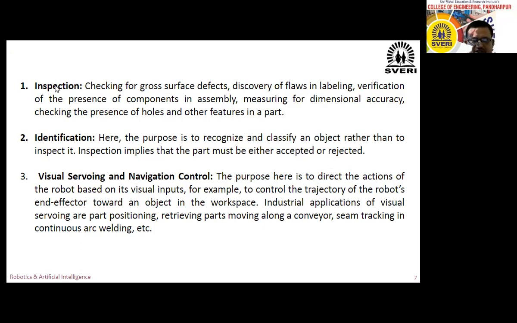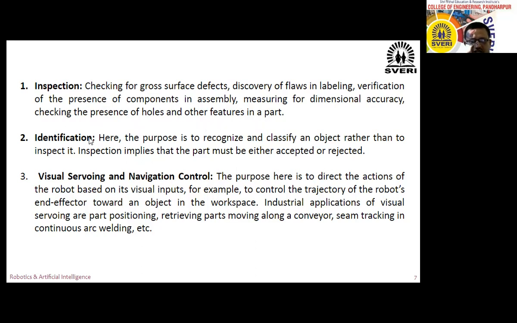First is inspection, that is, checking for gross surface defects, discovery of flaws in labeling, verification of the presence of components in assembly, measuring for dimensional accuracy, and checking the presence of holes and other features in a part.